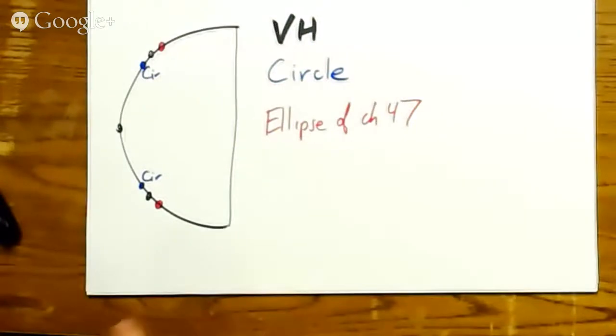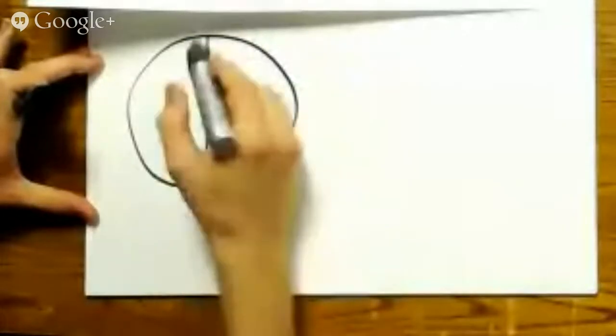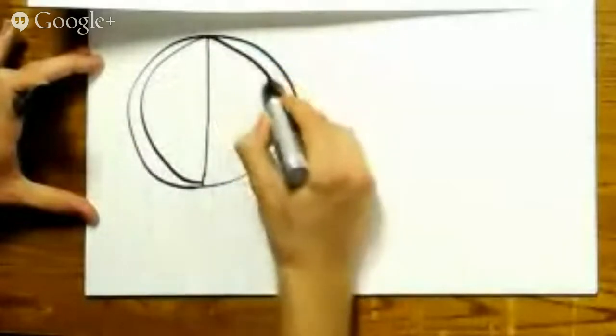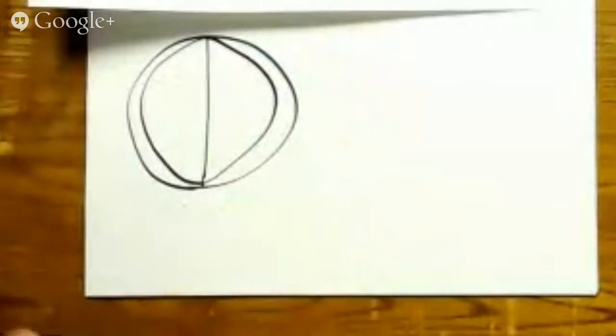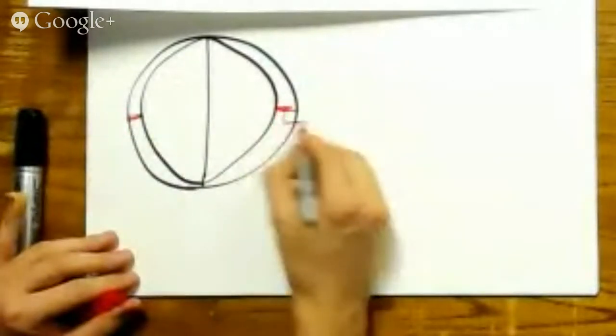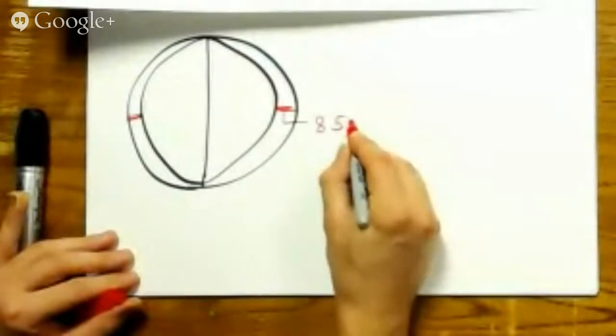And then this number, which is the number to write down and meditate on, is that when Kepler made this ellipse, he pulled it in from the sides of the circle by an amount of 858.